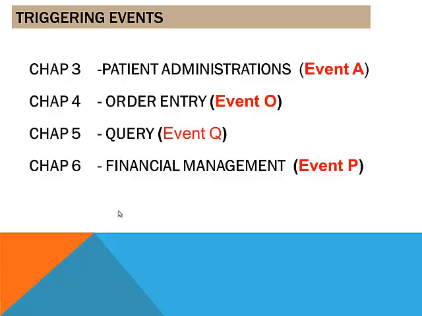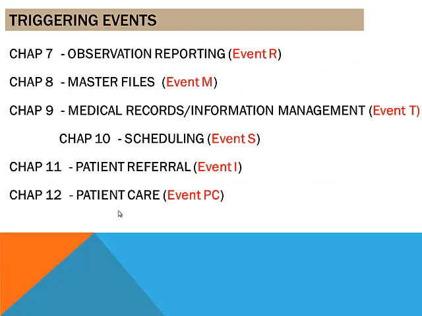Also, we use different event codes to represent the trigger events. For example, patient administration uses the character A, order entry uses O, query uses Q, and financial management uses P. For other chapters we have corresponding trigger event codes to represent these trigger events.